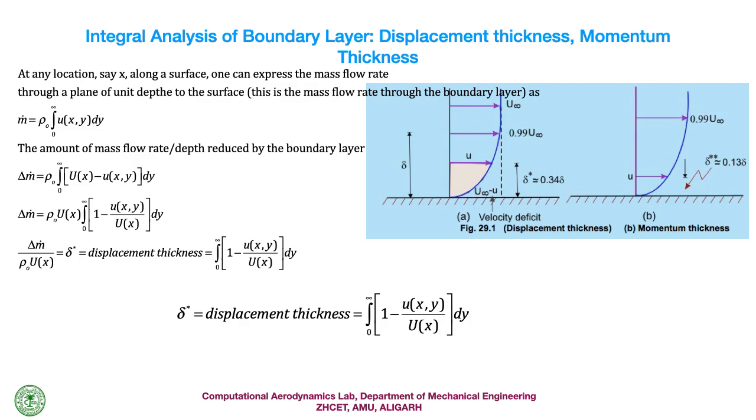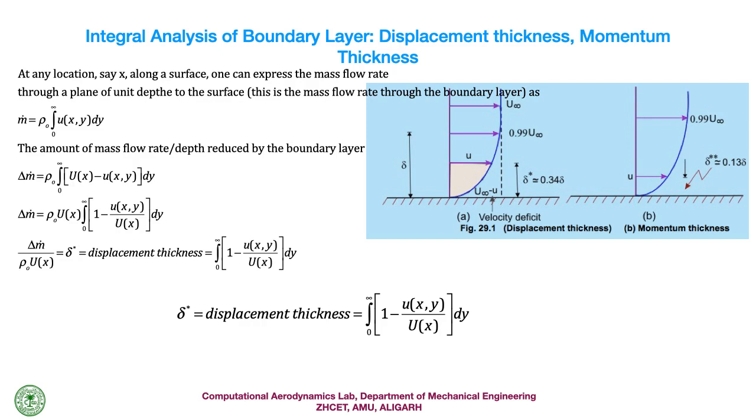So if I go to the full mass flow rate, the change in mass flow rate, if I integrate from 0 to infinity at these two cross sections, the mass defect can be written like this.